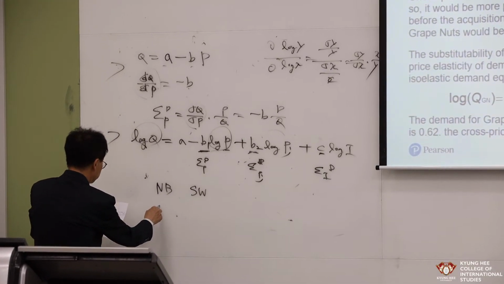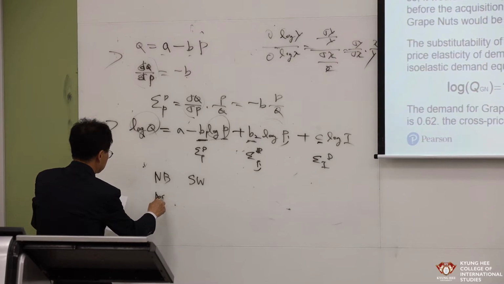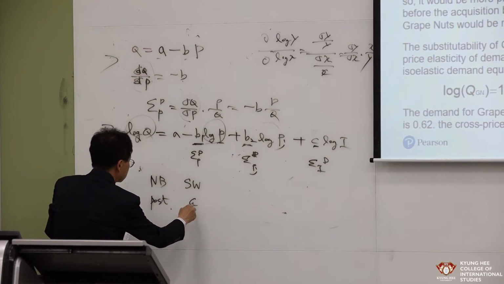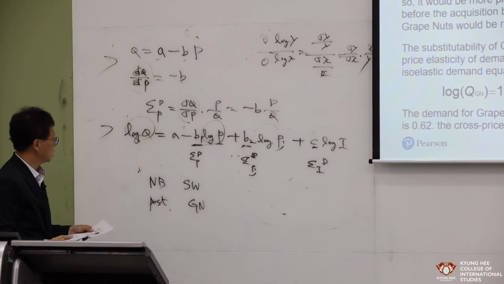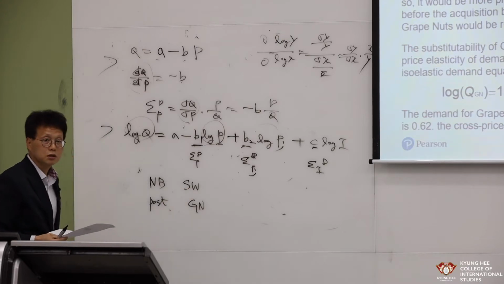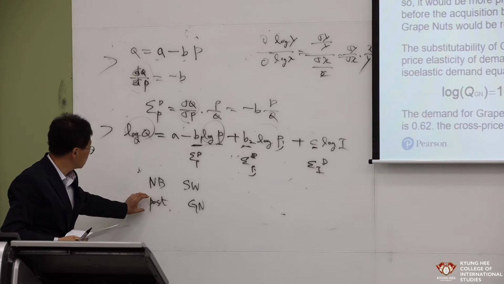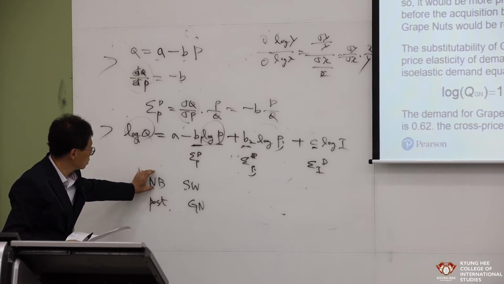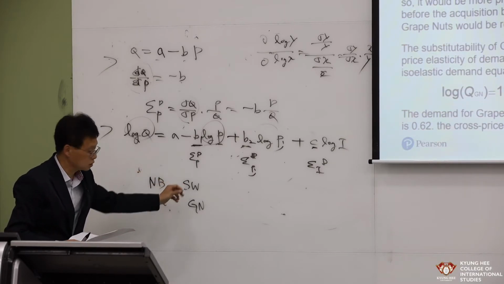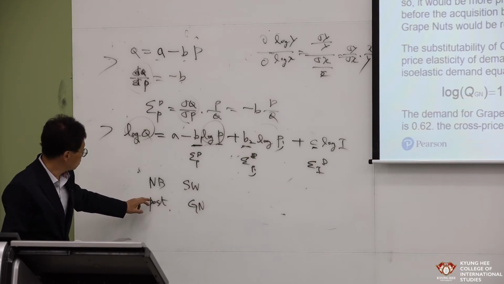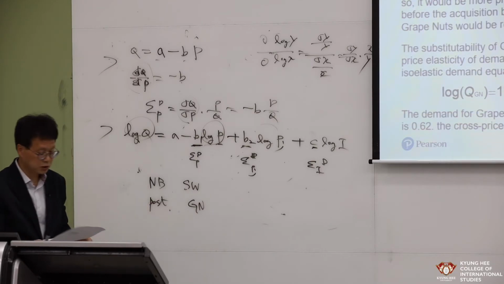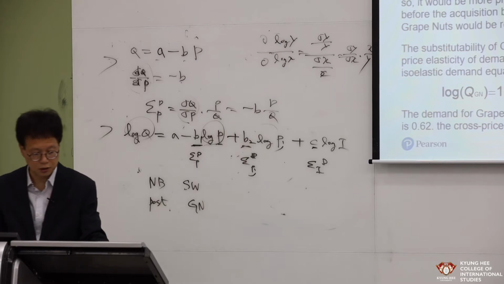And Post produces Grape-Nuts. And the two goods are substitutes, right? And Post merges with Nabisco. So Post wants to merge with Nabisco, right? That is the situation. Then what happened?